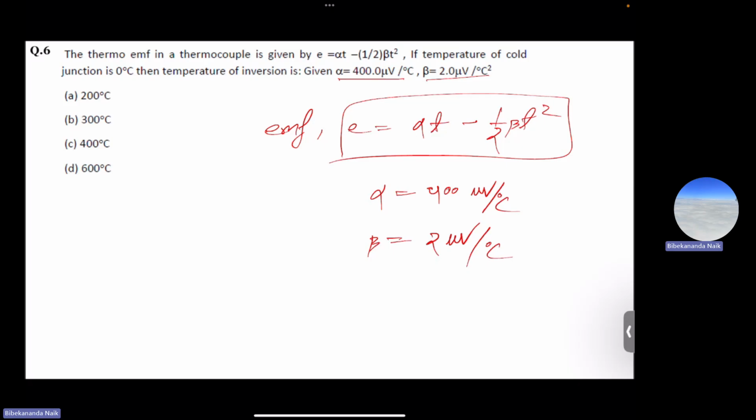And we need to find out the temperature of inversion, that is Ti, when Tc is 0 degrees Celsius. So I'll give you a few minutes to think about this question and try to solve it. It is similar to the concept that we discussed in the problem a few minutes before, and then we will discuss what will be the correct answer.